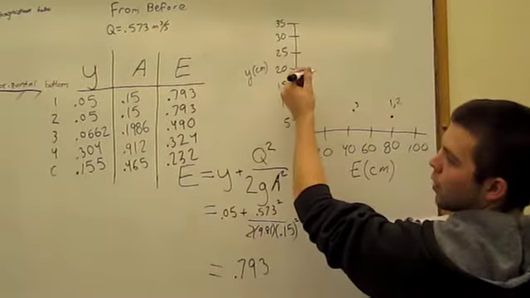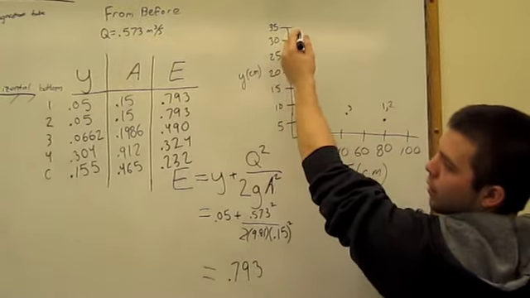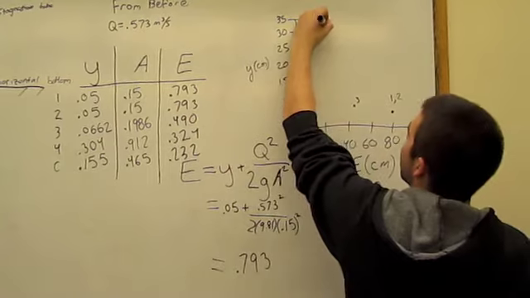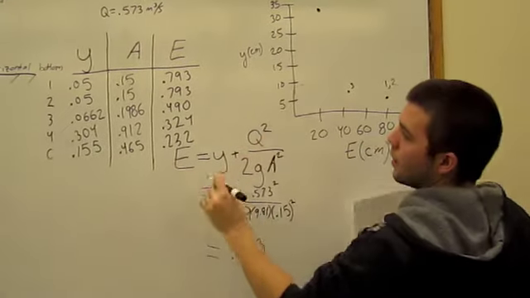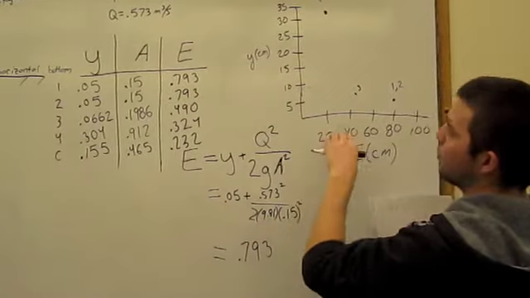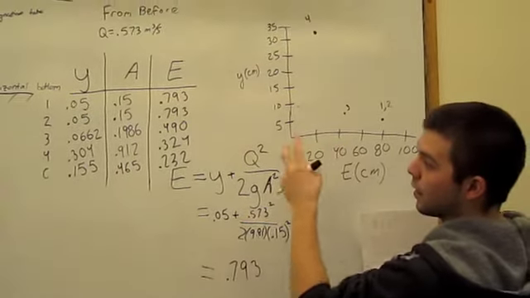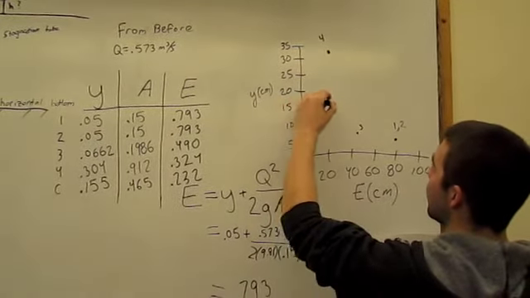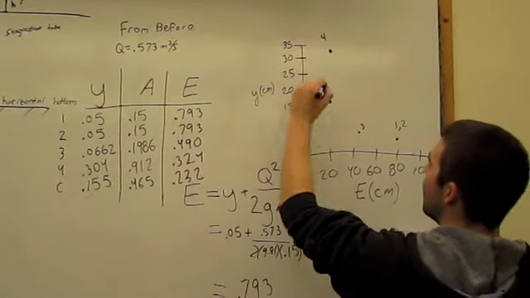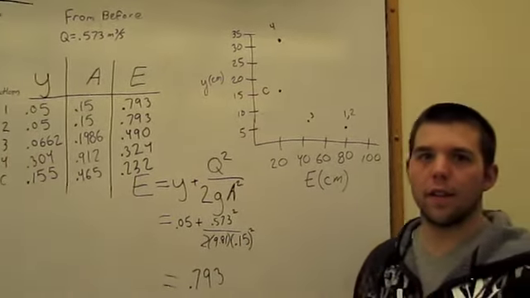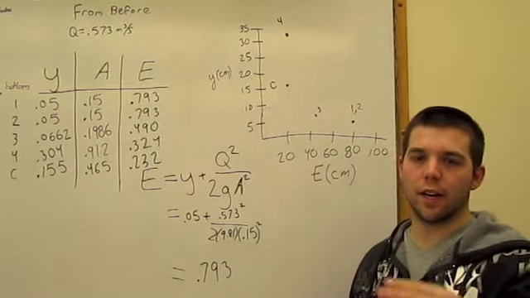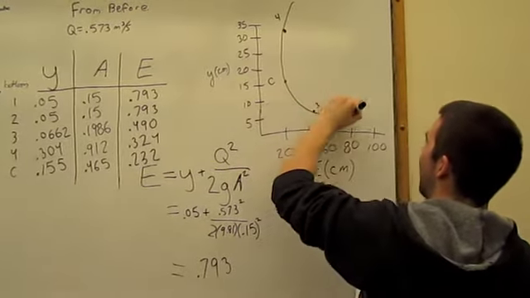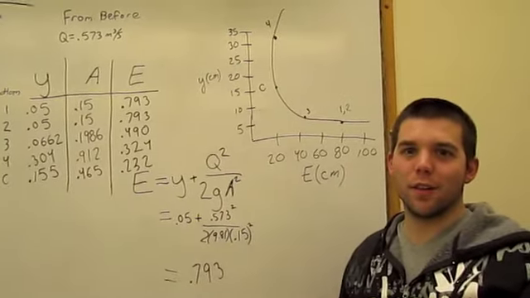That is at about 30 centimeters for y and 32 centimeters for E. So that value is up here. And your critical value will be at about 15 centimeters for Y and 23 centimeters for E. So that's going to be right about here. To create the specific energy line, you're going to connect those. And there's the answer to number 4, or part D.